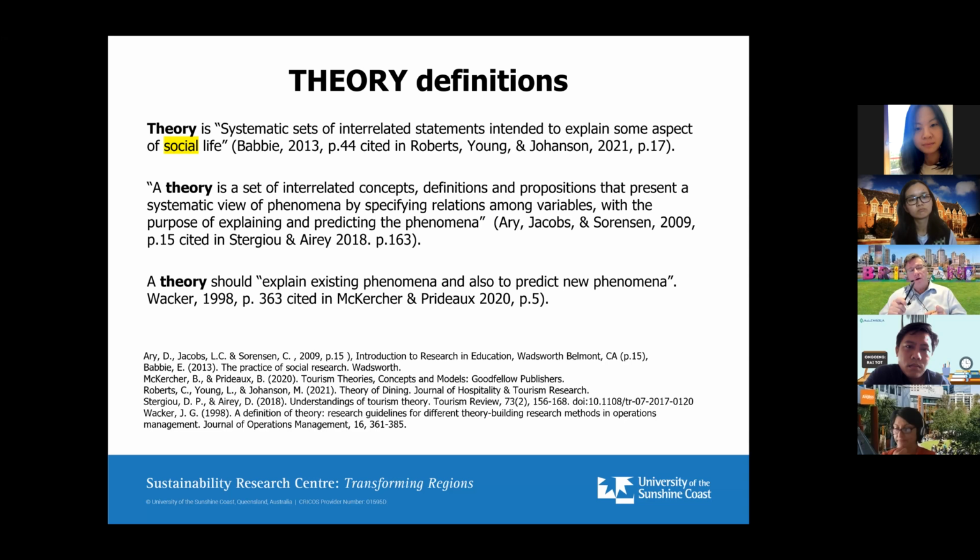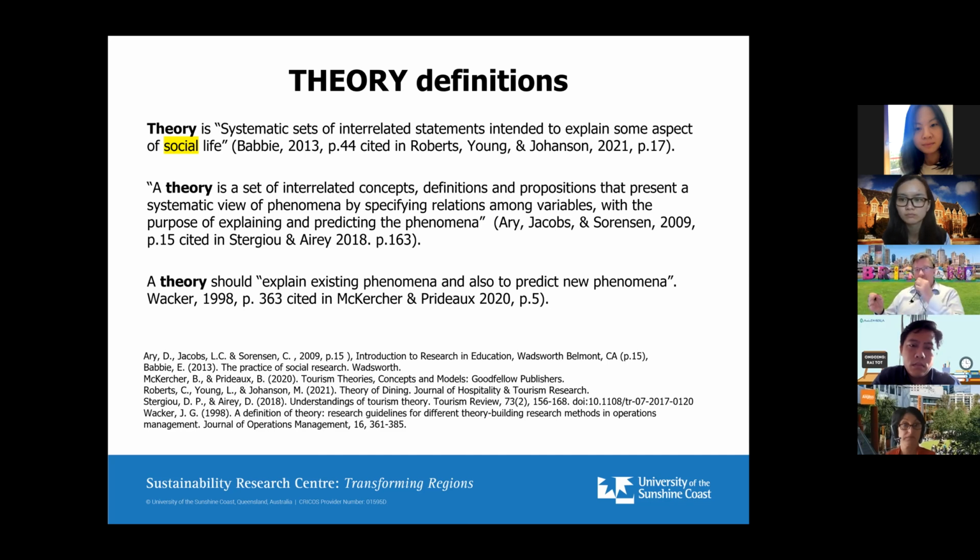Now, I've highlighted social life because this definition seems to indicate that there's something about social life that is different from theory in other areas. And the question is, do you believe that? I don't myself, but many people do.